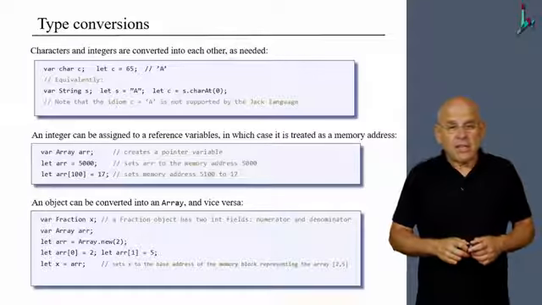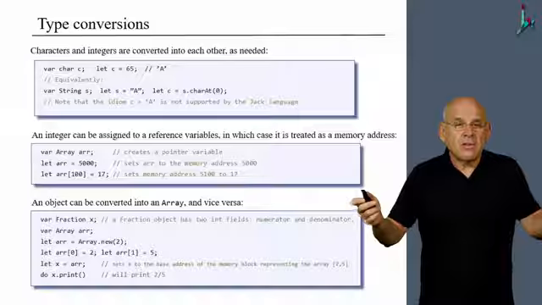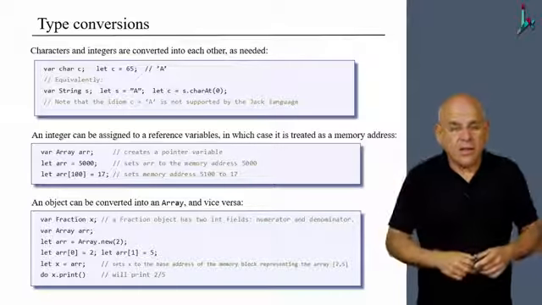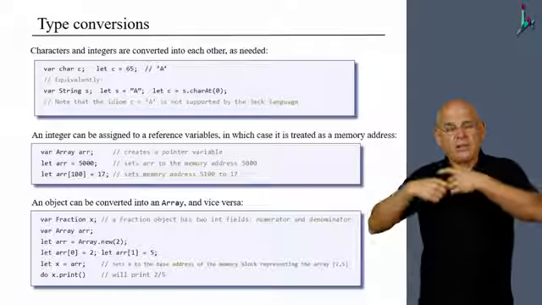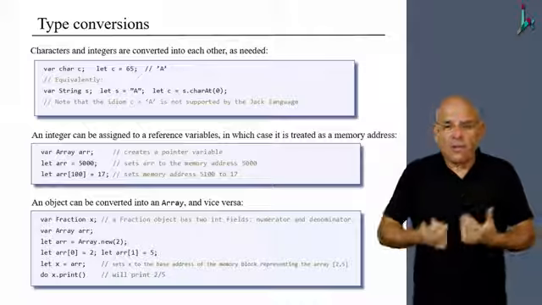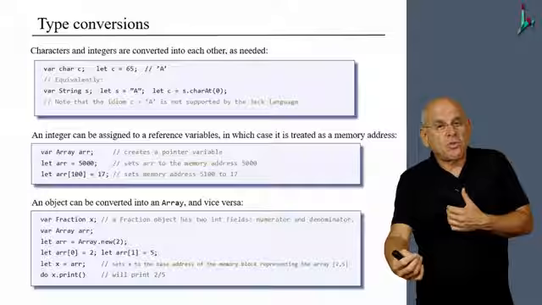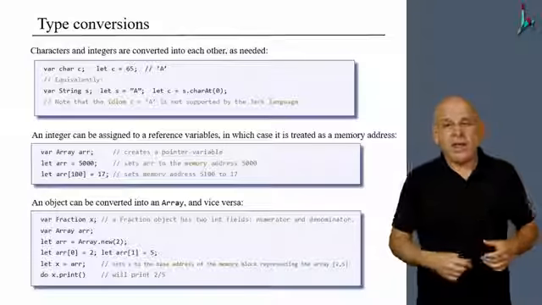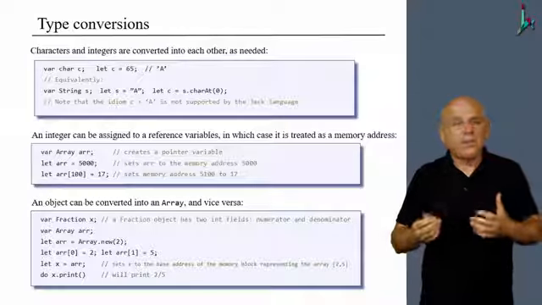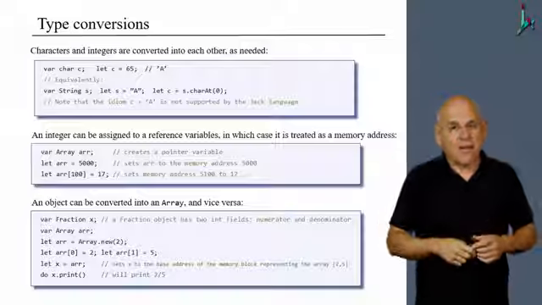Once I do this, I can say, for example, do x.print, and this will invoke the print method of the Fraction class on x. And even though x points to an array, it will treat this array as a fraction, and therefore it will print it as 2/5.